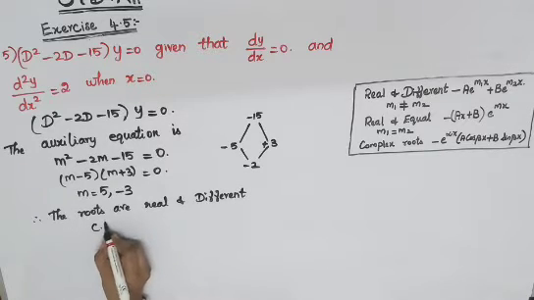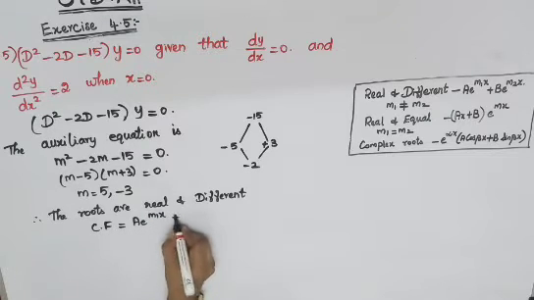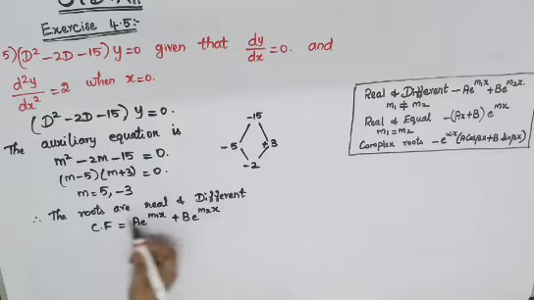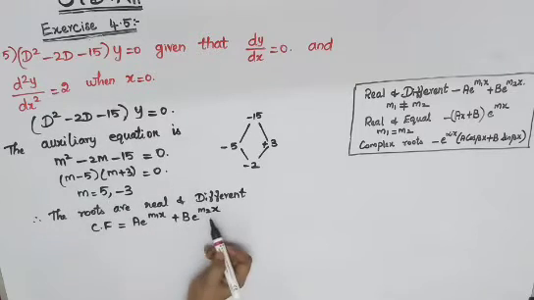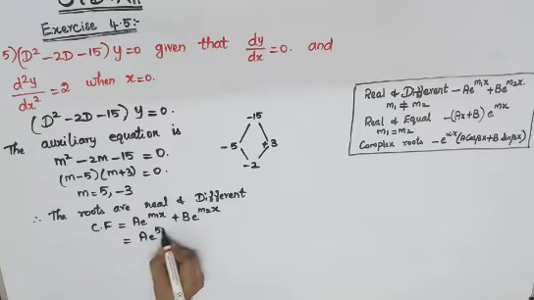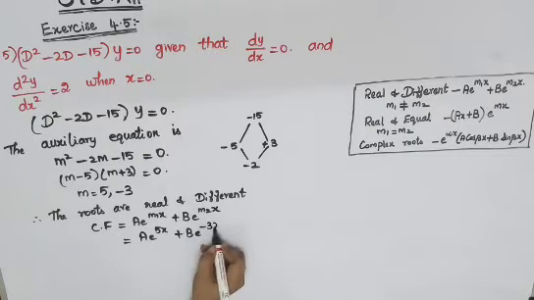Therefore CF, that is your complementary function, formula is a e power m1x plus b e power m2x. So in place of m1 put 5 and in place of m2 put minus 3, so CF is a e power 5x plus b e power minus 3x.